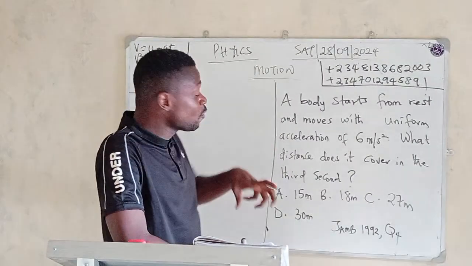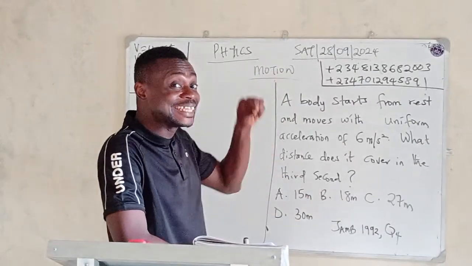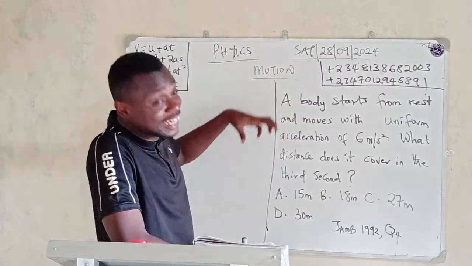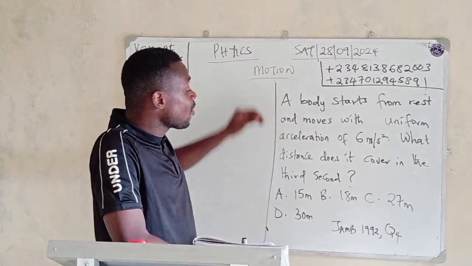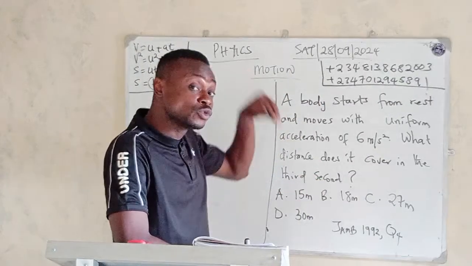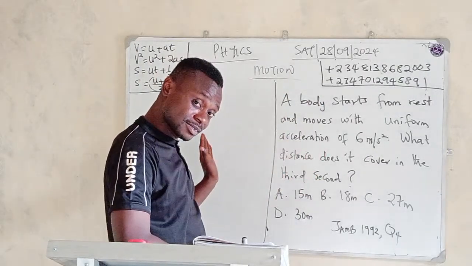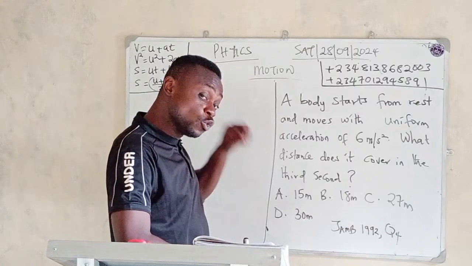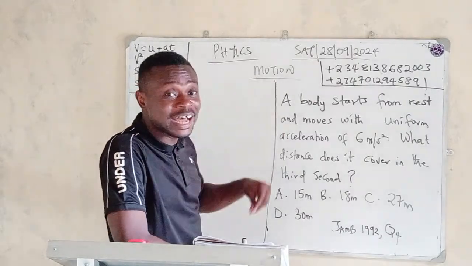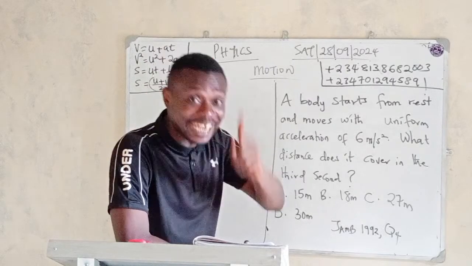So if you want to find the distance covered in the third second, you first find the distance covered in 2 seconds, and keep it. Then find the distance covered in 3 seconds.